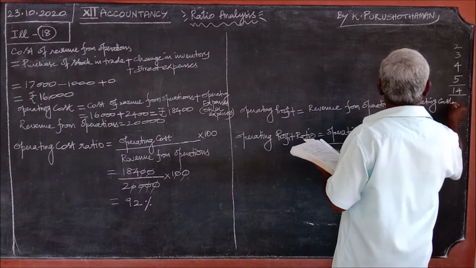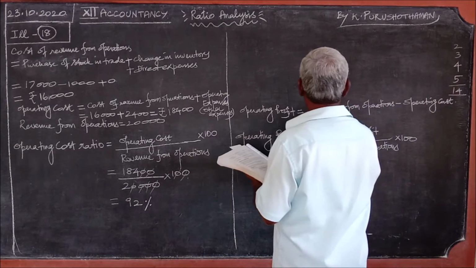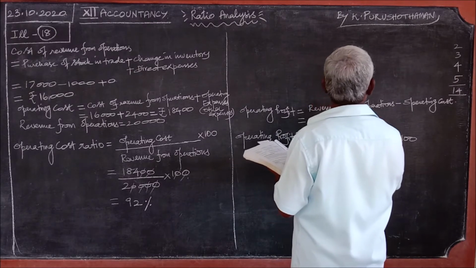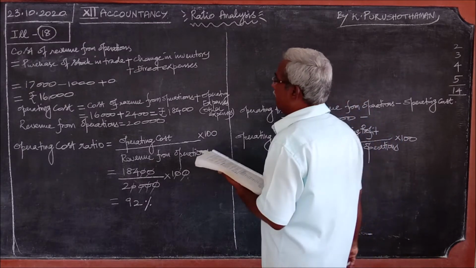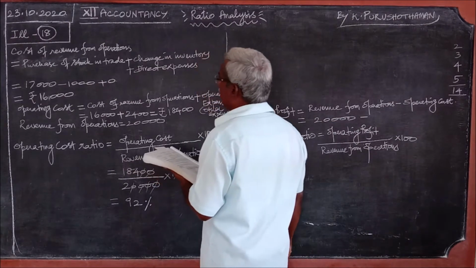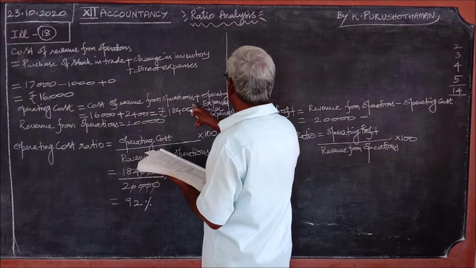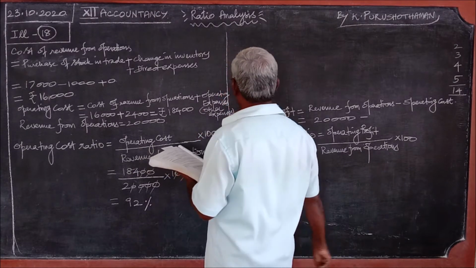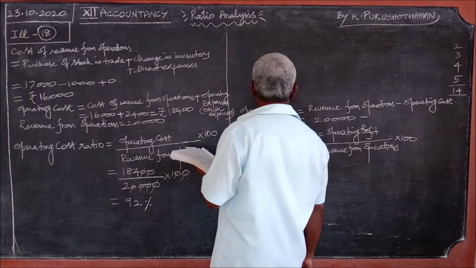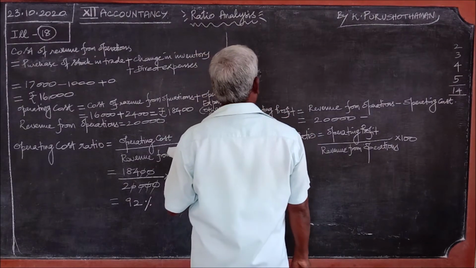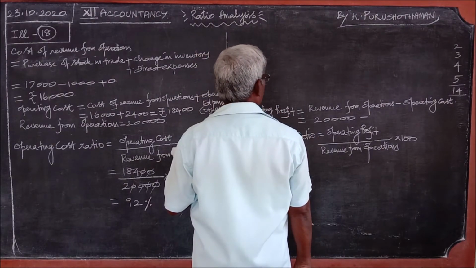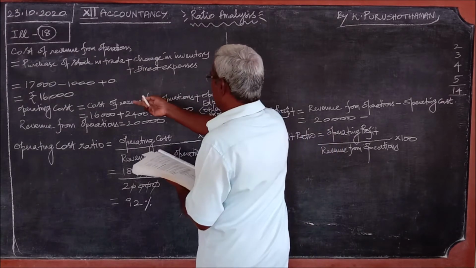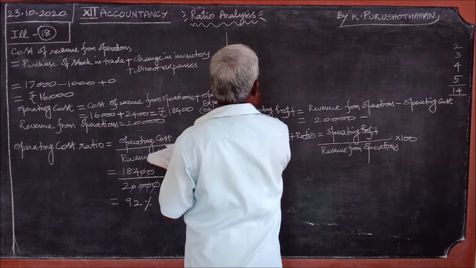The revenue from operations in this problem is 20,000, given straight away, minus operating cost. We should find that operating cost, 18,400, so we can find the profit. Revenue from operations is given. How to find the operating cost? The same thing is given here.